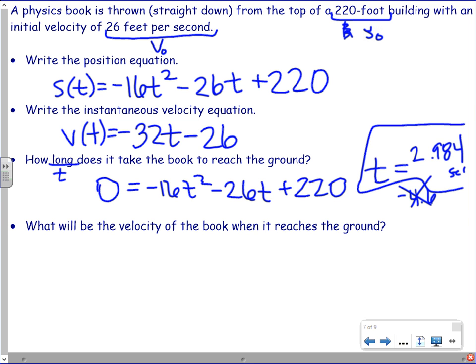Okay. What will the velocity be of the book when it reaches the ground? Now, what equation do we need to work with? Velocity. We are looking for velocity. What t value do we need to plug in? 2.984. So we're looking for the velocity at 2.984.